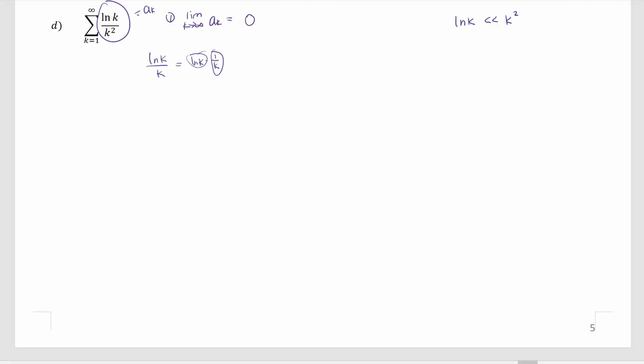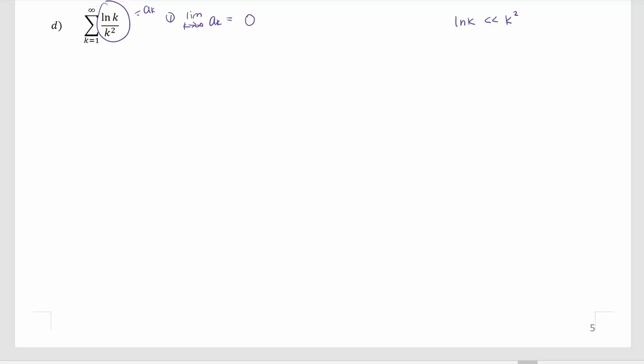But here you cannot use the integral test because it's k squared downstairs, not k downstairs. For that one you can use the integral test. You have to see that some factor is the derivative of some other factor, then we know we can solve the integral by u substitution. So in this problem, we cannot use the integral test.